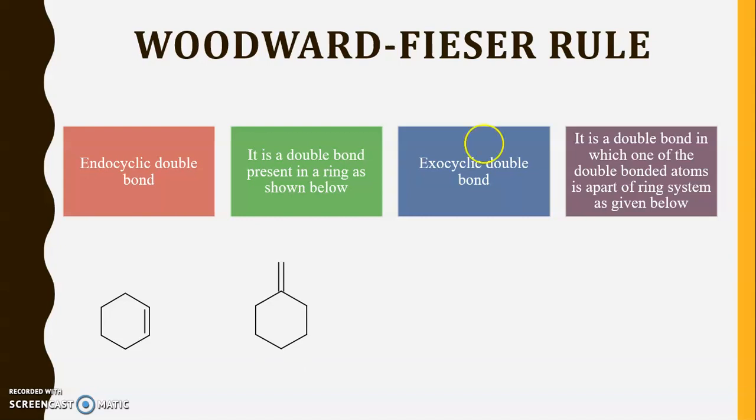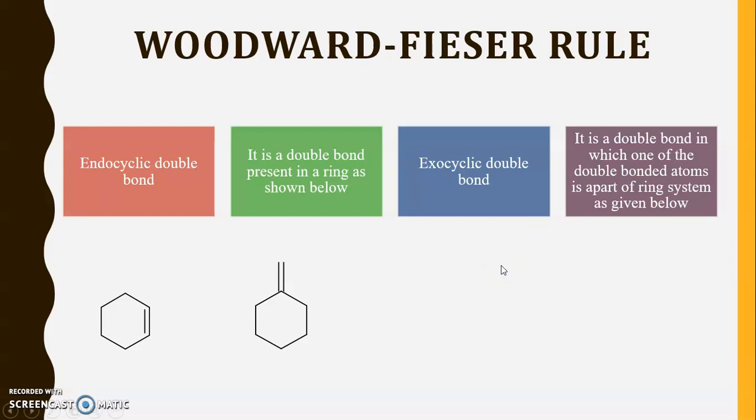Here you can see this double bond is not present within the ring, but one of the carbon atoms of the ring is involved in this double bond. So it is said that this is the exocyclic bond to this particular ring. Means if one of the atoms in the double bond is a part of the ring, then it is known as the exocyclic double bond.